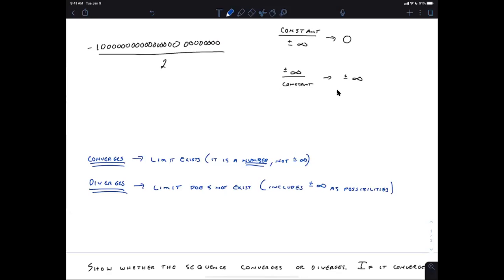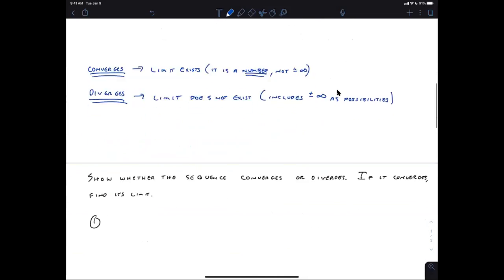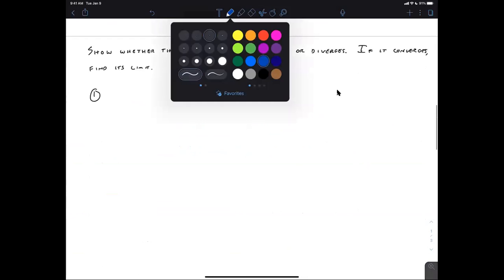Okay, so it's a possibility that if it diverges, it goes to infinity or negative infinity. So if we get one that goes to infinity, diverges. If we get one that goes to negative infinity, diverges. So we're going to come back and do more of this, but I want to look at a couple of examples of how we show something like that.